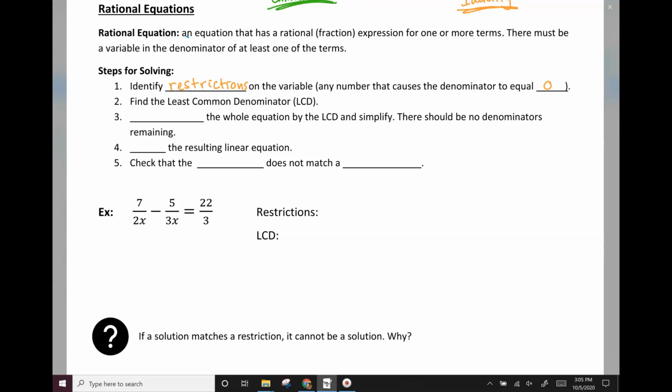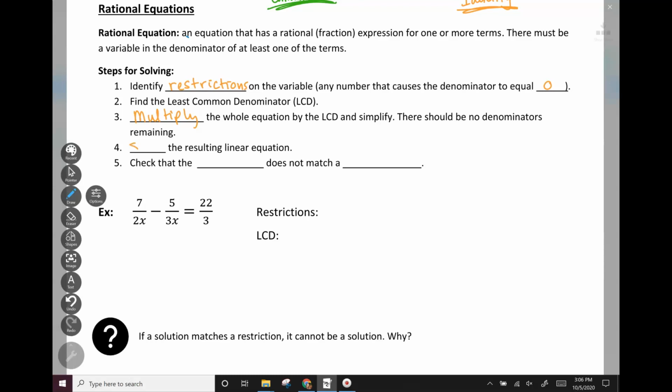Step 2, find the least common denominator. Step 3, multiply the whole equation by the LCD and simplify. At that point, there should be no denominators remaining in the equation.